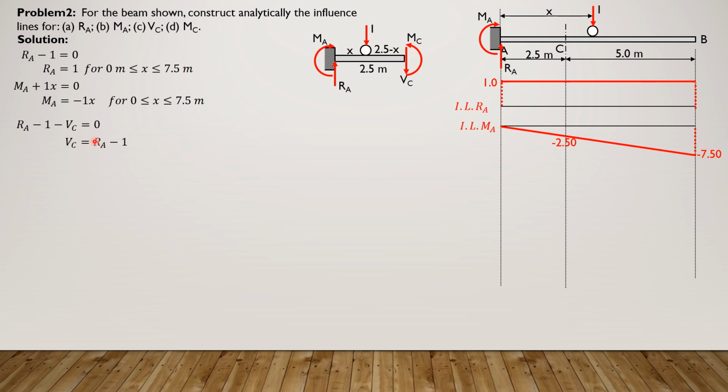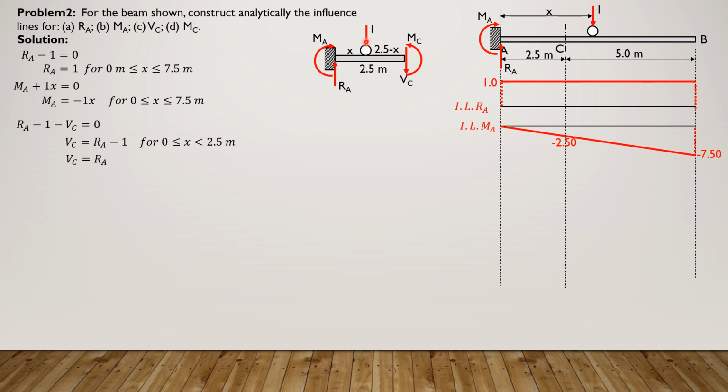And because RA is constant, it is equal to 1 from A to C. Then 1 minus 1 is always 0. So for 0 less than or equal to x less than 2.5, shear at C is equal to RA minus 1, which is 0.